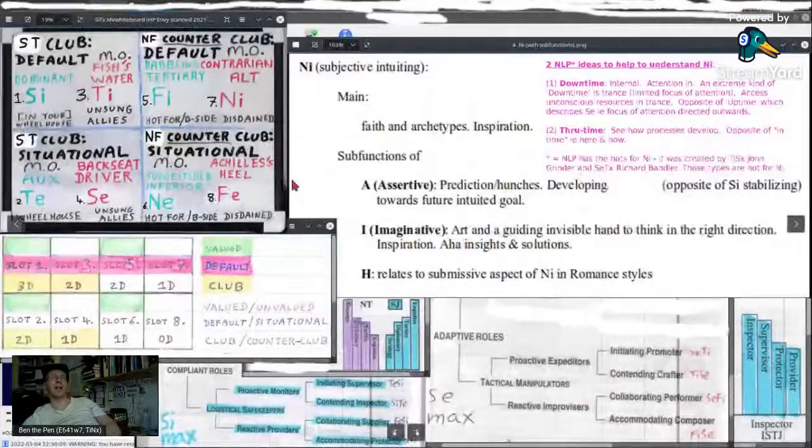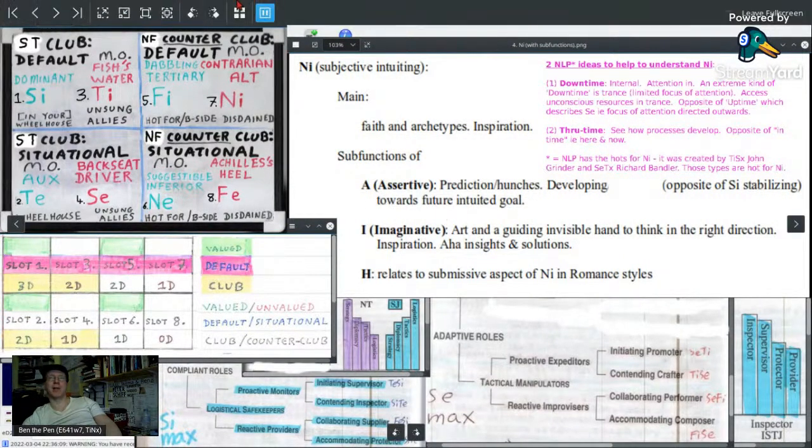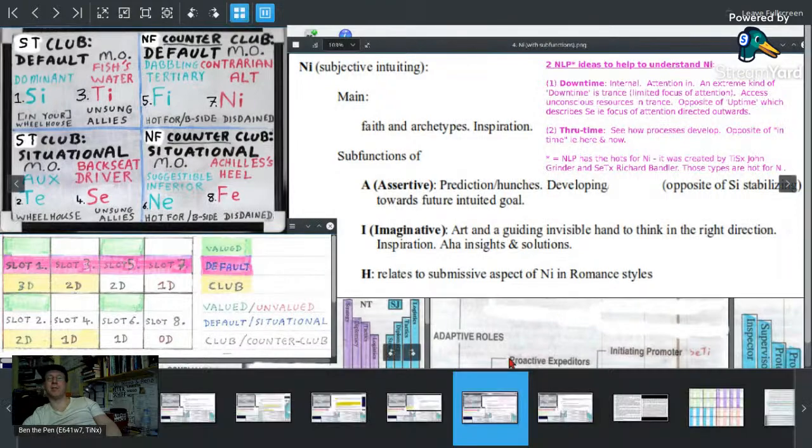It's so opposite to SI, which wants to stabilize, the contrarian alternative. But it might help them in seeing how things can go wrong, so it has that negative sort of spin on it. Anything else I can say about contrarian alternative?